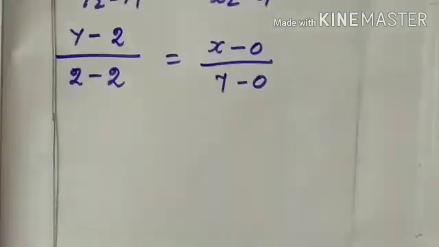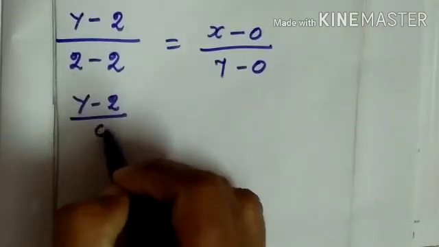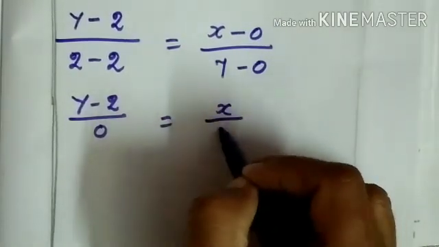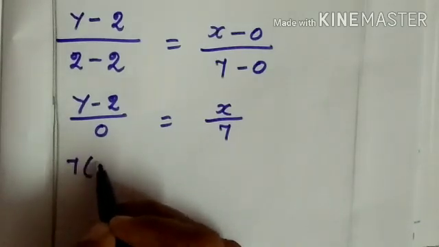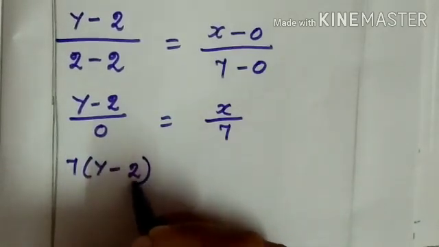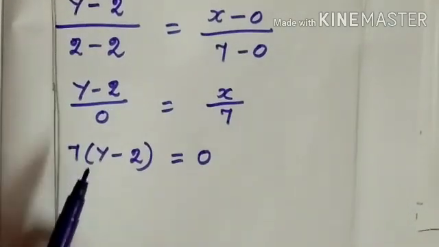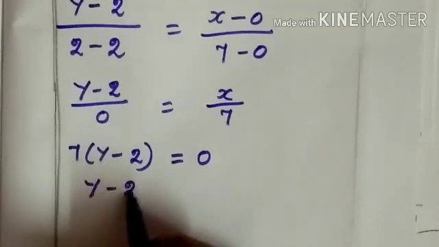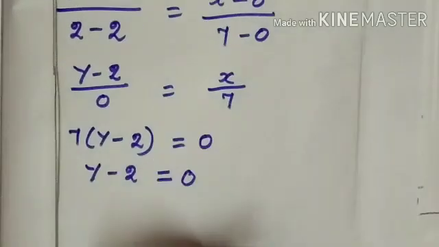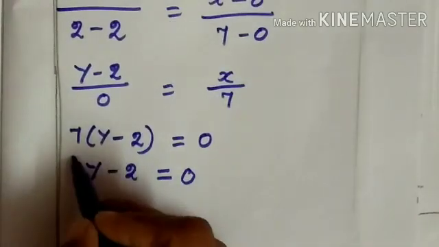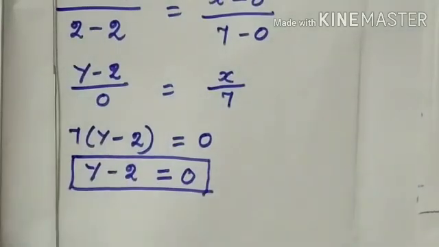Now you have to simplify this, means we get (y minus 2) by 0 is equal to x by 7. Now cross multiply, this means 7 into (y minus 2) is equal to 0. That is y minus 2 is equal to 0 divided by 7, we get 0. Hence, the equation of the East Avenue is y minus 2 is equal to 0.